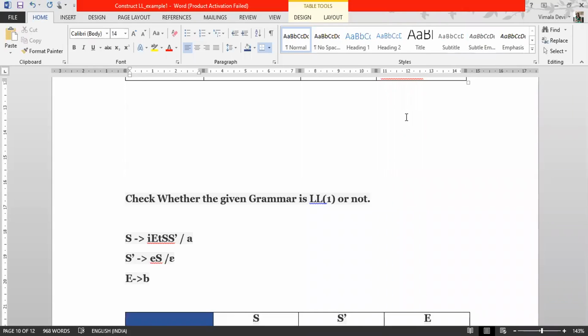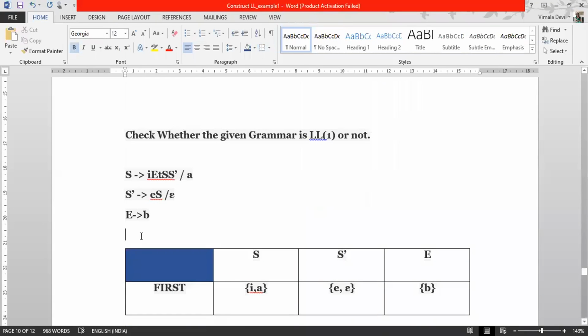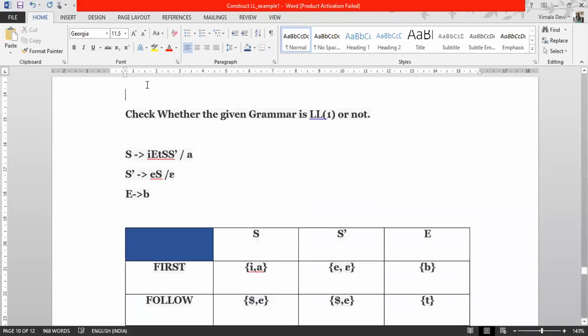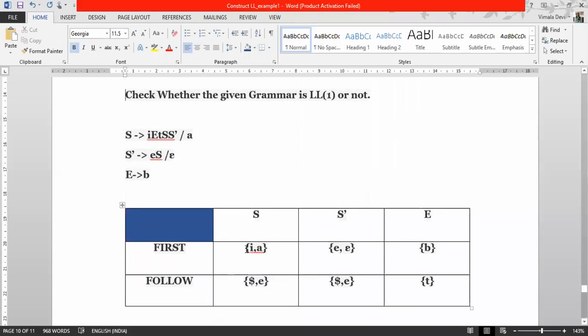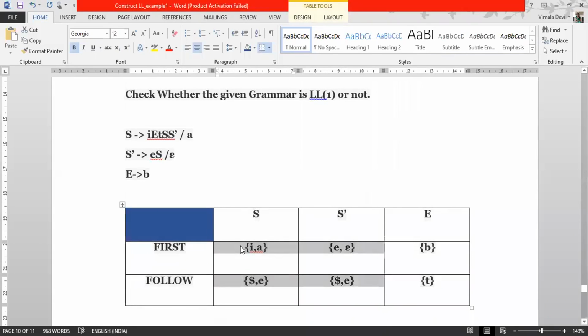You will be getting questions like this. So to check, the very first step, you have to compute first and follow.